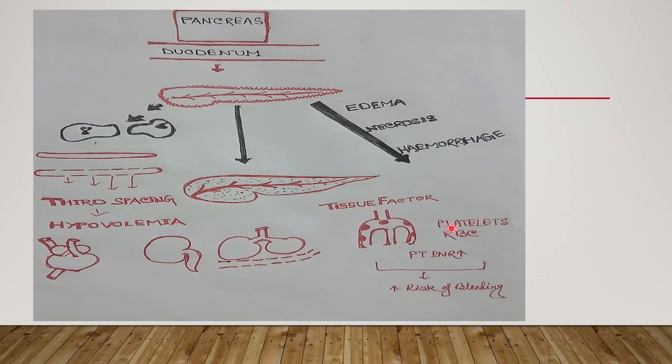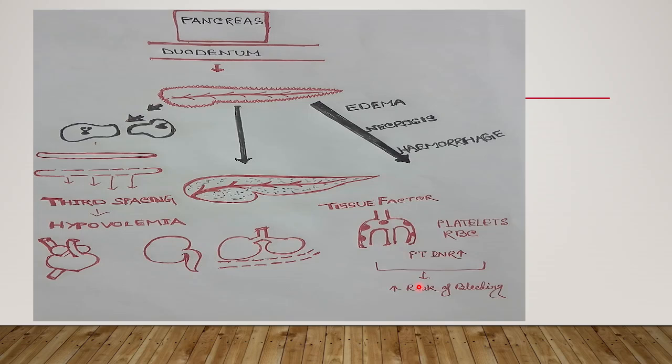All the platelets are consumed here, consumed for making clots. So due to inadequate platelets in the body, chances of bleeding are increased. So overall this is called disseminated intravascular coagulation, DIC.